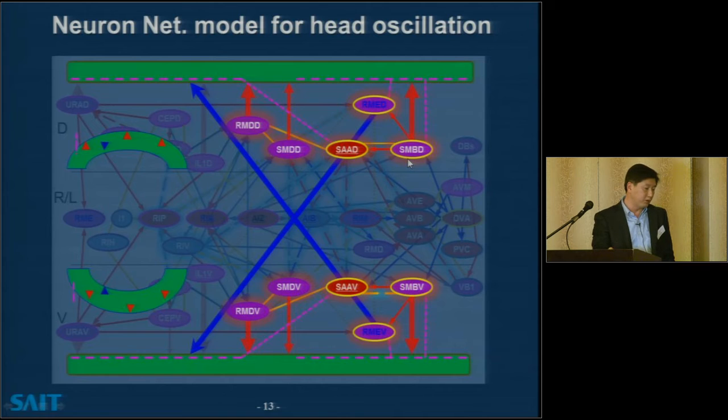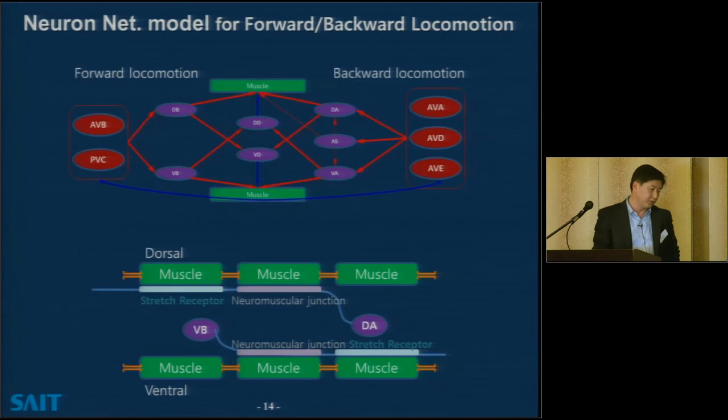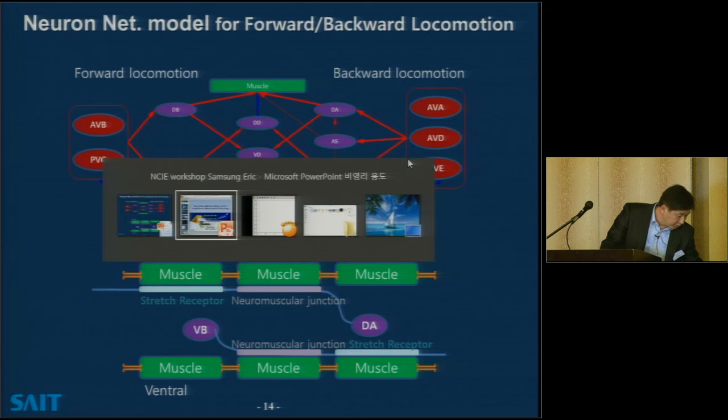One is the head oscillation, and to generate the head oscillation, you need to activate these neurons in time series. And there is another mode. If you want to make this animal go forward and backward, then you need to activate these neurons from the head to the muscle. So let me show you.